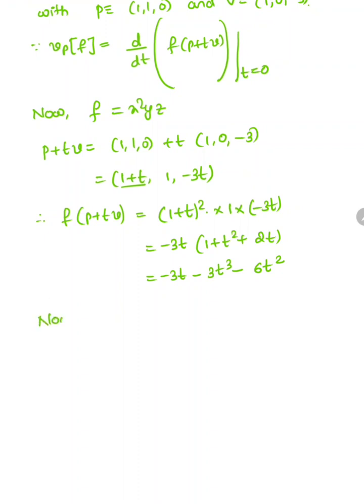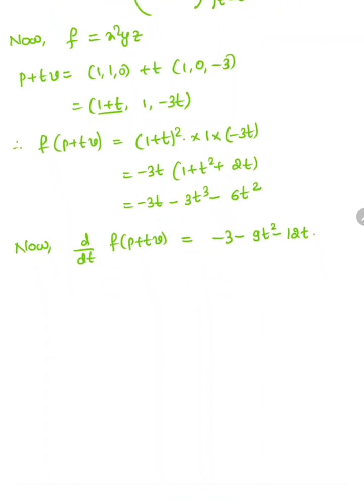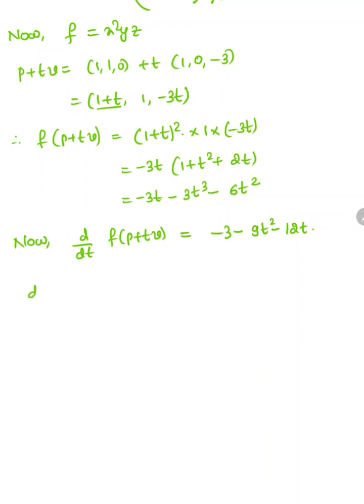Now differentiating f of p plus tv with respect to t, this will give -3 minus 9t square minus 12t. Therefore, d by dt of f of p plus tv at t equal to 0 will be equal to -3.